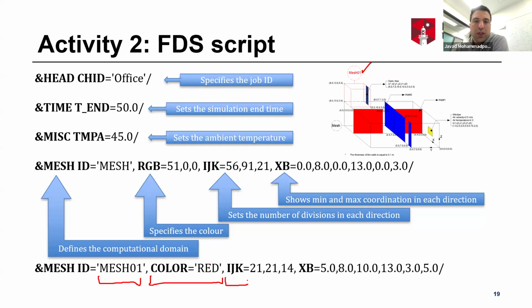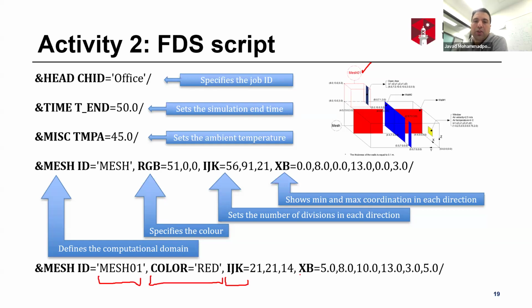What is the IJK? The number of divisions in the X dimension, in the Y dimension, and in the Z dimension is 21, 21, and 14, because the X and Y dimensions are 3 by 3 meters, but the height is 5 meters. So we consider just 21, 21, and 14.